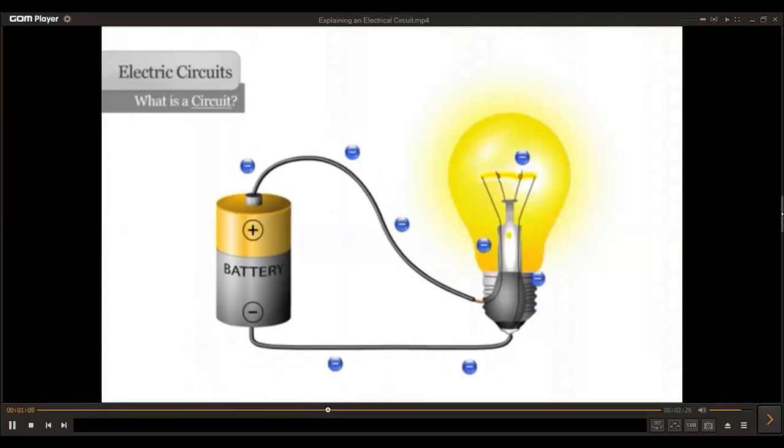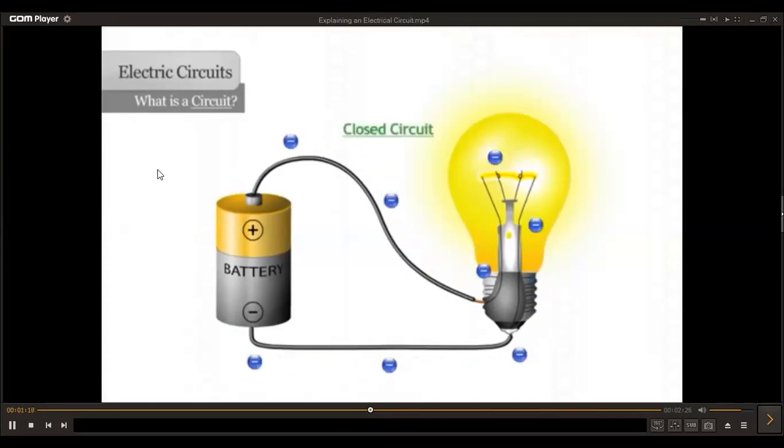When there is an unbroken path on which electrons flow, it is called a complete circuit. The unbroken path that the electrons follow is called a closed circuit, because electricity will only flow on an unbroken path. The light bulb will not light unless there is a closed circuit.